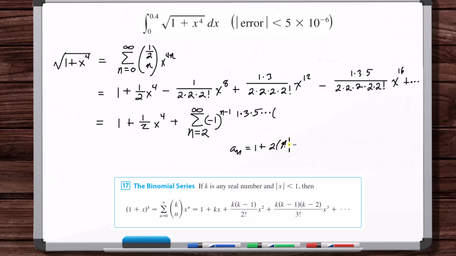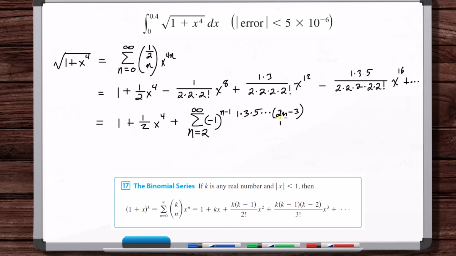The starting n is 2, so 1 plus 2n minus 4 is equal to 2n minus 3. So when n is equal to 2, you've got 1. When n is equal to 3, you've got 3. And when n is equal to 4, you should have 5.